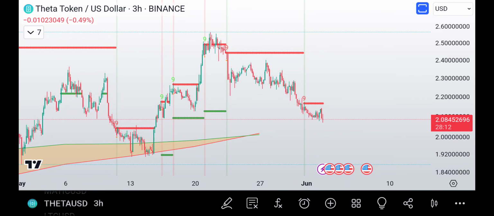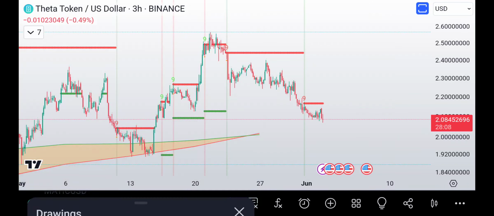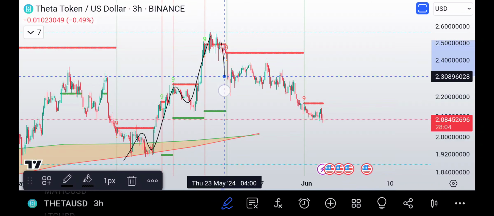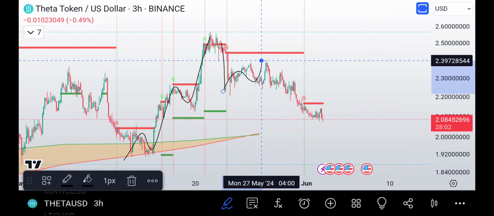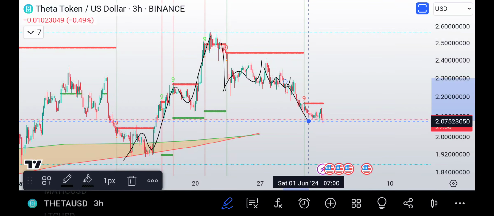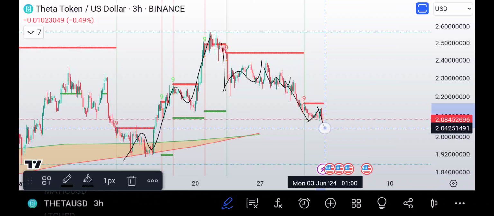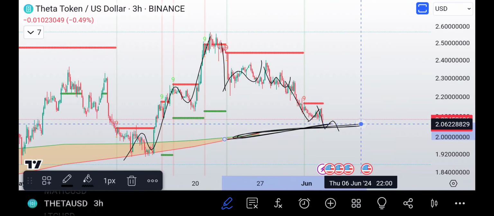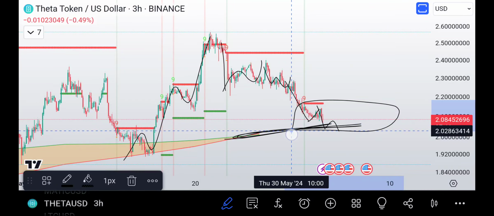It's really not helpful. I mean, again, we had this 1, 2, 3, 4, 5. We have an A. We come up for B. And then it looks like 1, 2, 1, 2, 3, 4, 5, maybe 4, 5, something like that, where we start to test in here and develop a base.